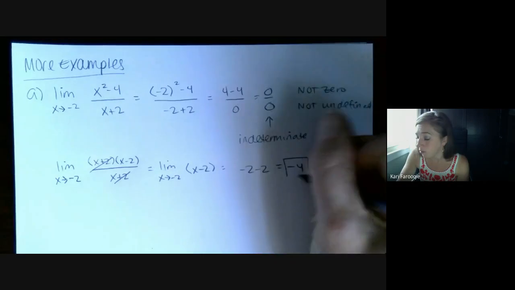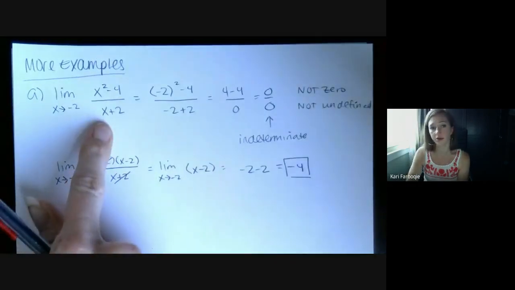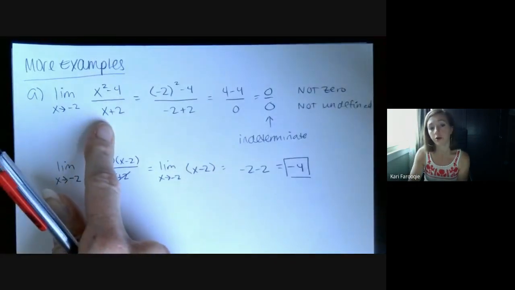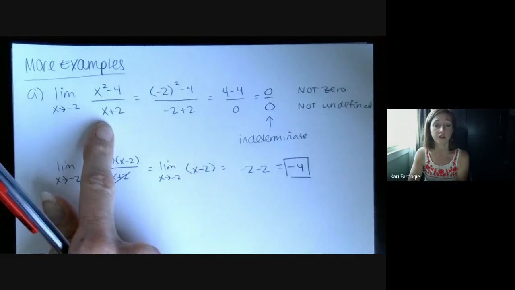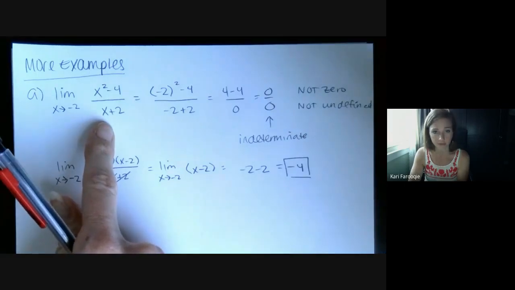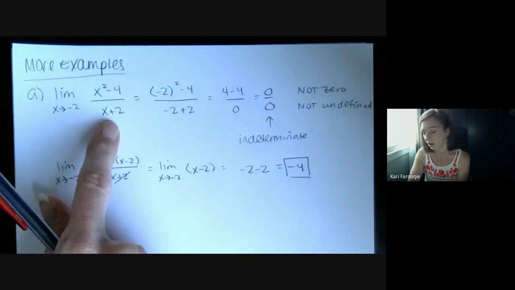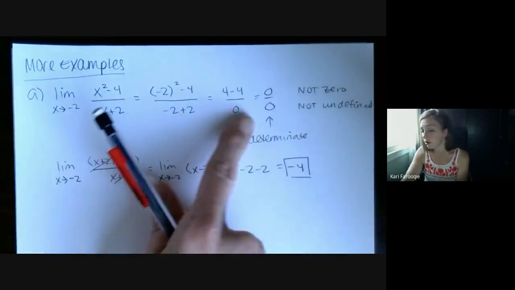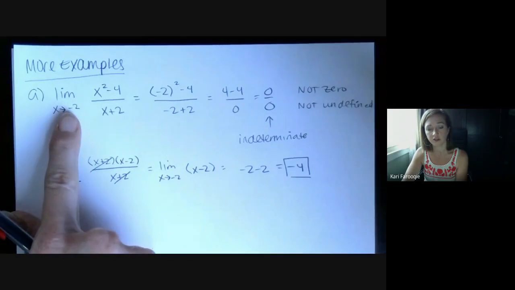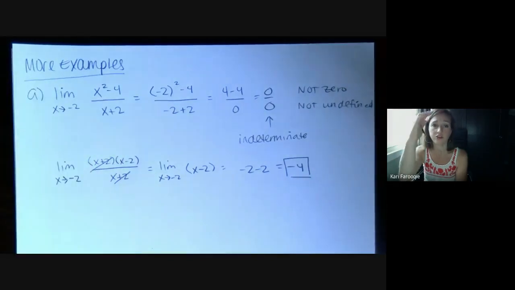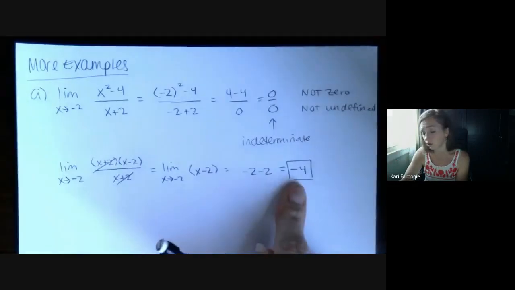Now, you probably had a very similar question to this on your 1-1 homework, but you worked on something like this using a table. And if I gave you something like this on your 1-1 homework in WebAssign, it didn't matter that the function value didn't exist at -2 because you were just looking at the values as you approach -2 from the left and from the right, and you would have made a conclusion that the limit was -4.